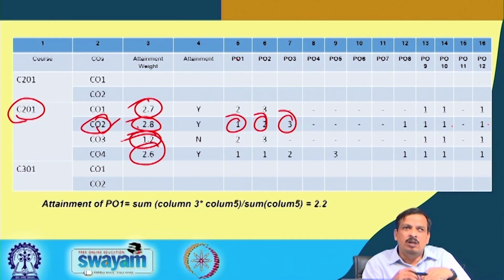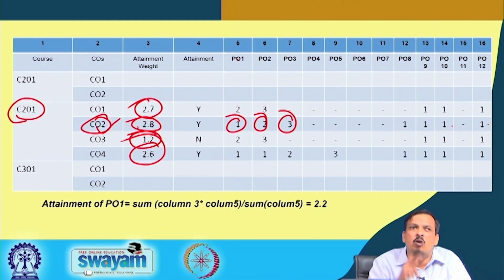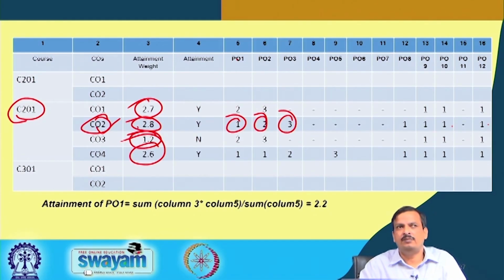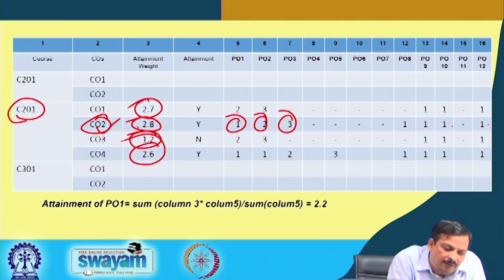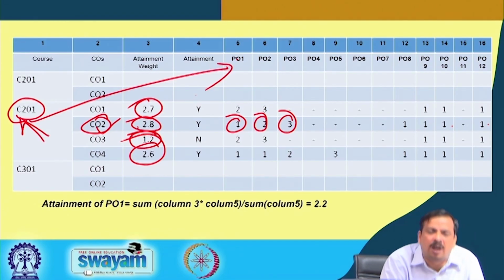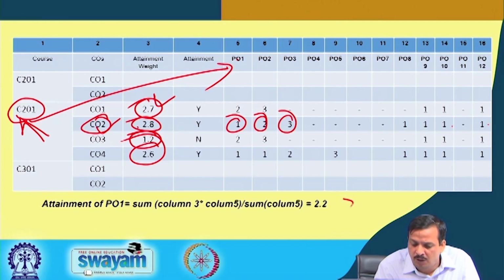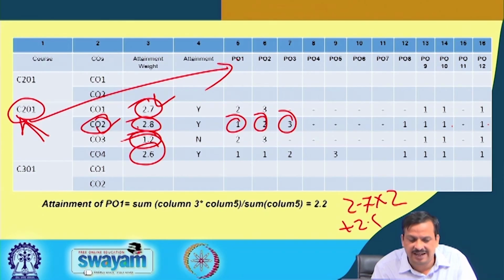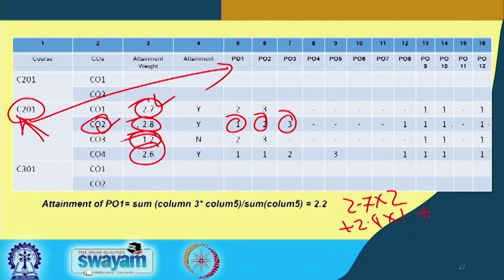Now, when you say attainment level of CO2 for PO1, or I can say the attainment level of this course towards PO1, it is nothing but a summation of this: 2.7 multiplied by 2 plus 2.8 multiplied by 1 plus 1.2 multiplied by 2 plus 2.6 multiplied by 1, divided by the summation of 2 plus 1 plus 2 plus 1.